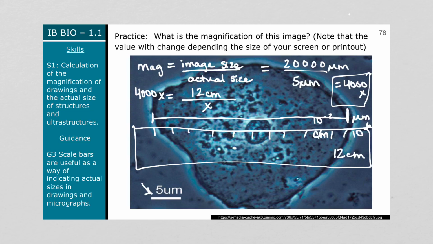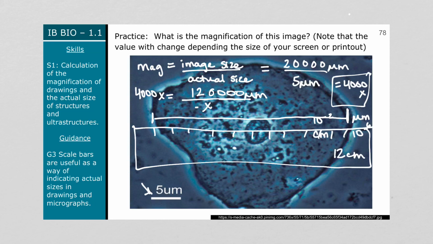But I know I'm going to want my actual size in micrometers, so I'm going to go ahead and change that to micrometers. And now I can cross multiply, so the x would go here.